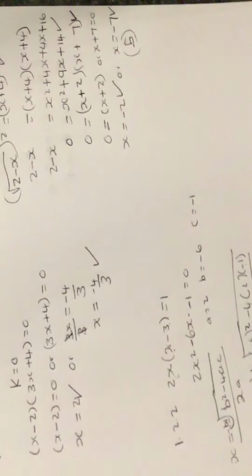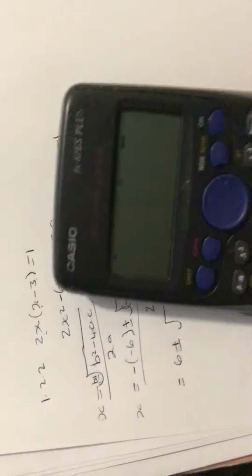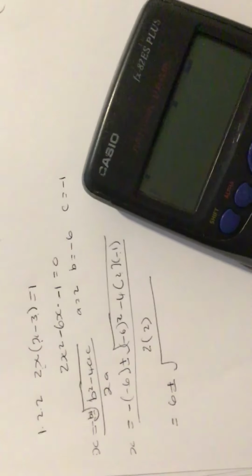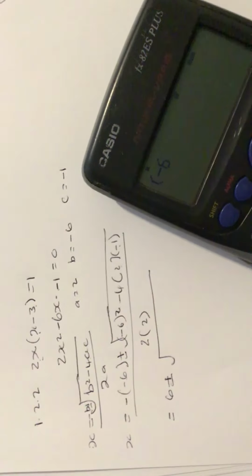So if I use my calculator to do it, 6 squared minus 4 times 2 times minus 1, you get the answer to be 44. So you write 44 here.